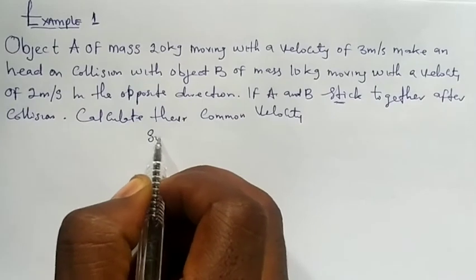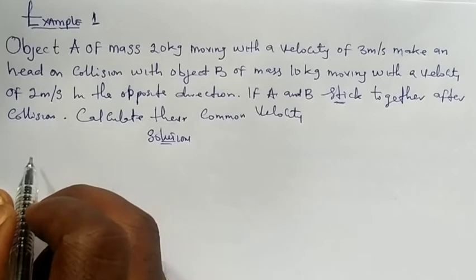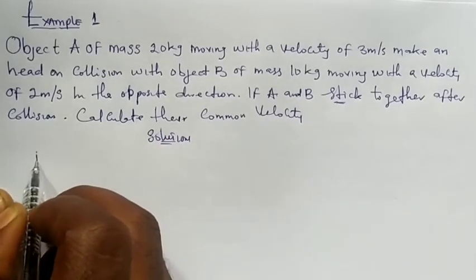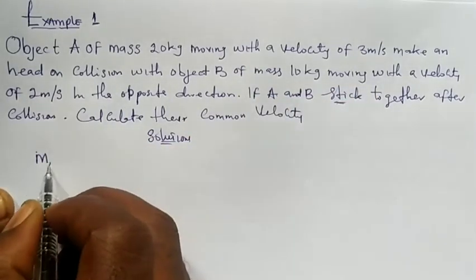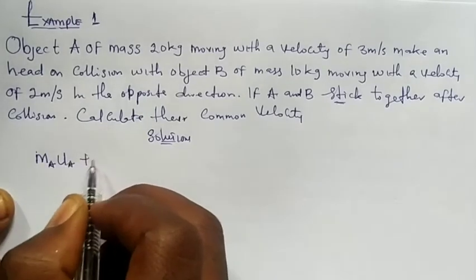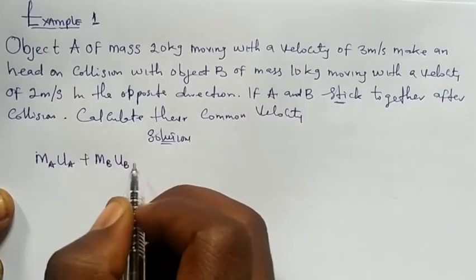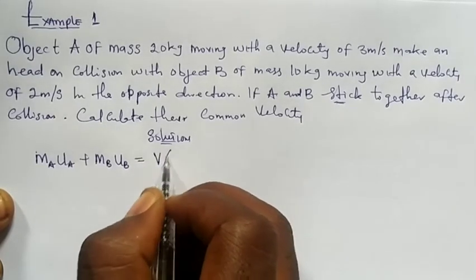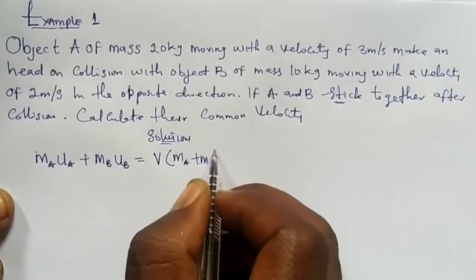So recall that, since I'm talking about objects A and B, MA UA plus MB UB is equal to V into bracket MA plus MB.